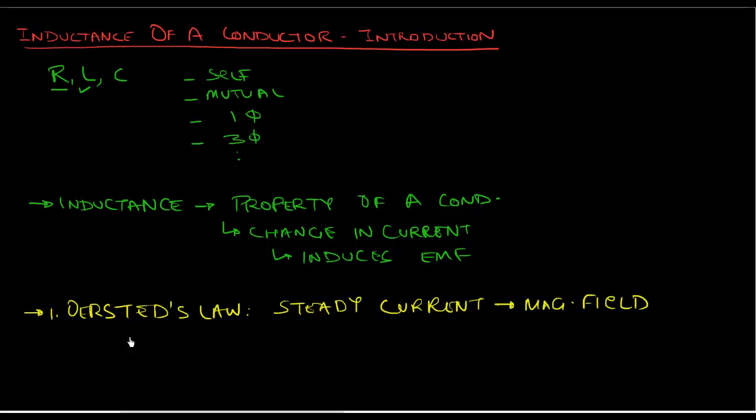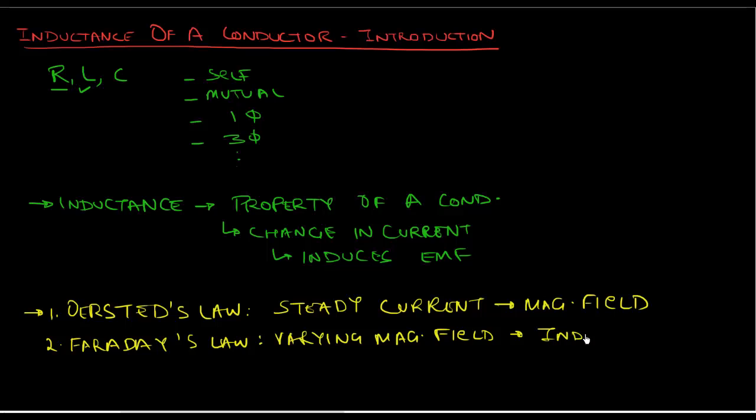That was one of the very first observations that we made related to electromagnetism. Then came Mr. Faraday, and he gave us Faraday's law, which said that a varying magnetic field produces an induced EMF. So it induces an electromotive force.